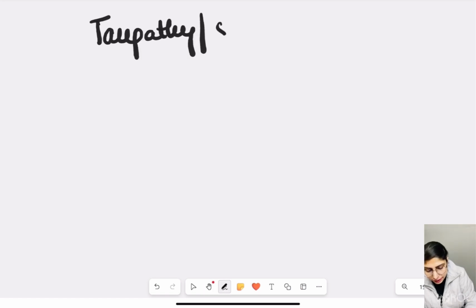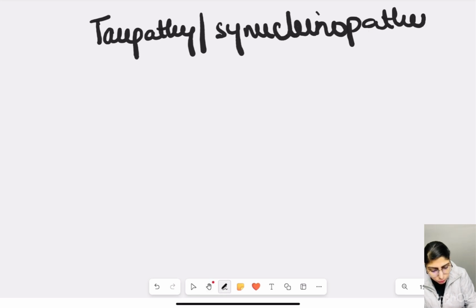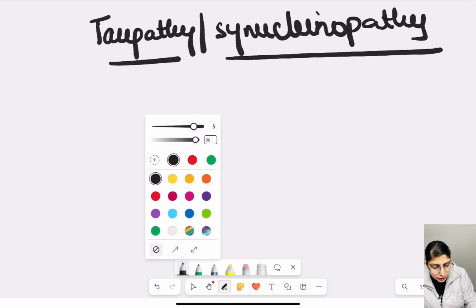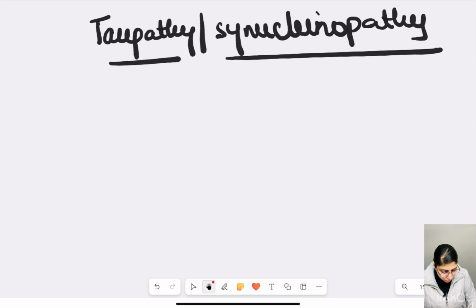So we divide these like tauopathy and synucleinopathy. Again, an important question.